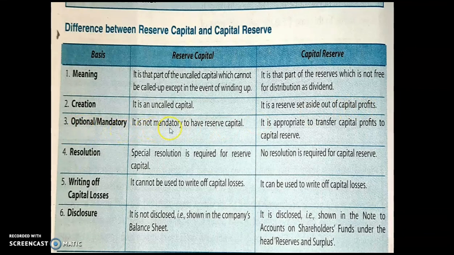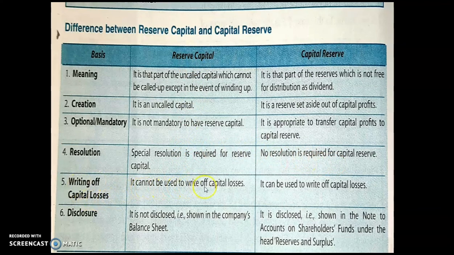It is not compulsory to have a reserve capital, but it is appropriate, we can say, to transfer capital profit to capital reserve. Then resolution: only through a special resolution can we go for a reserve capital, but for capital reserve no special resolution is required.